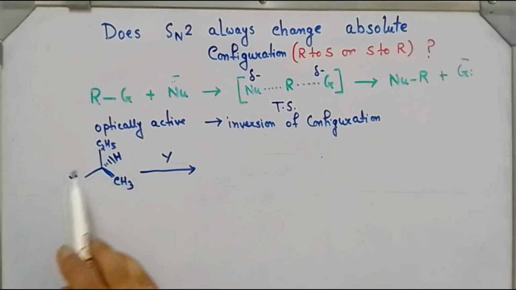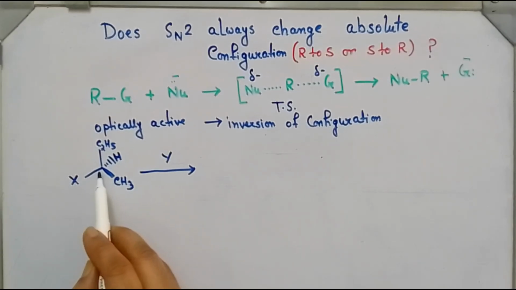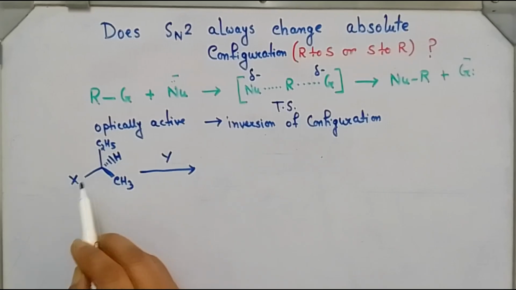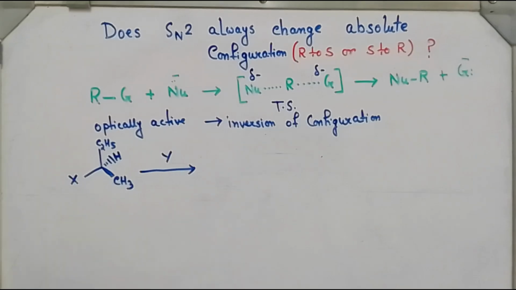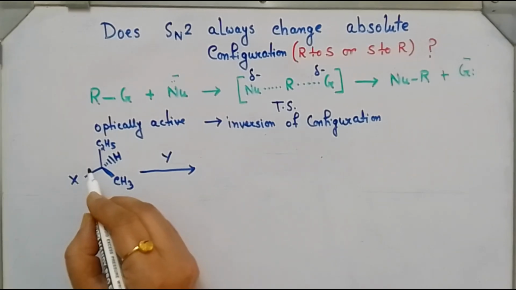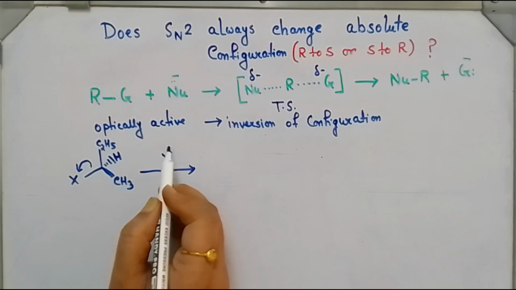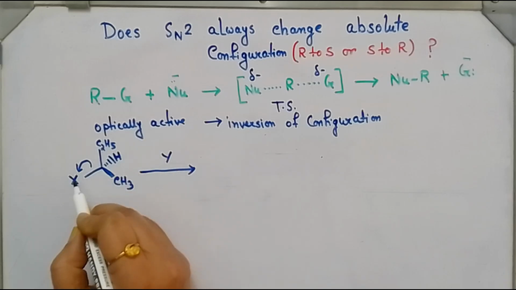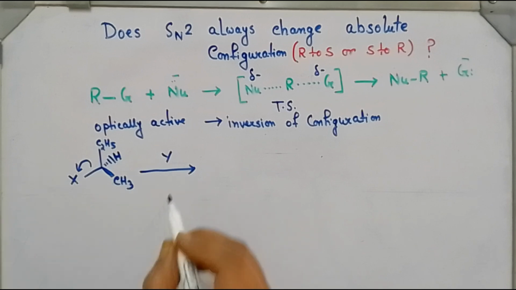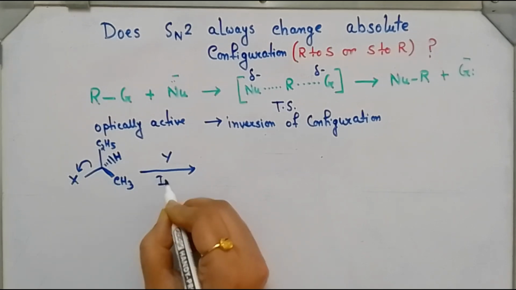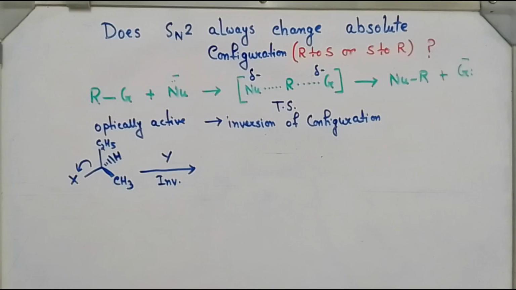Now see, this compound has one chiral carbon because 4 different groups surround this carbon. This is your leaving group. Now this bond breaks and the attacking nucleophile attacks from the opposite side with respect to this leaving group. So inversion of configuration takes place.